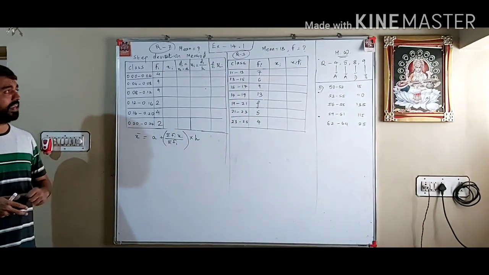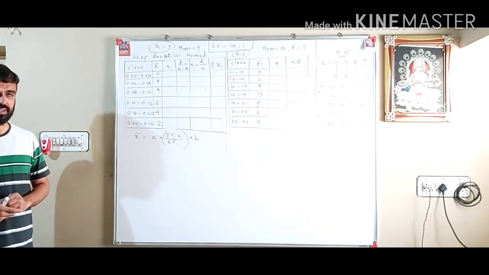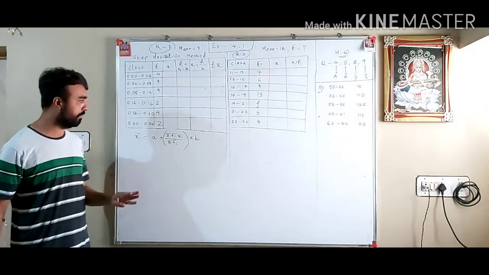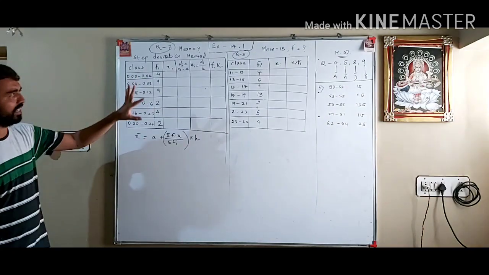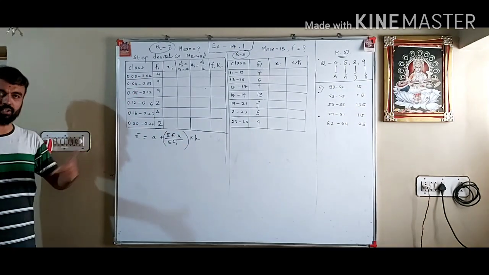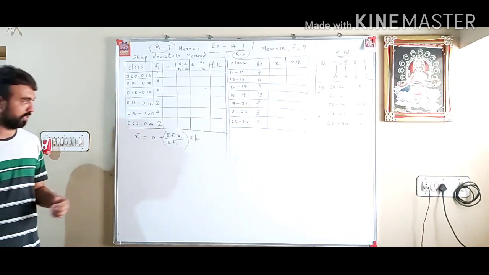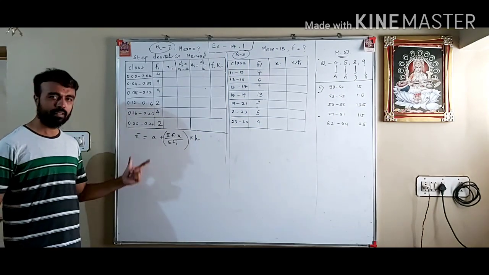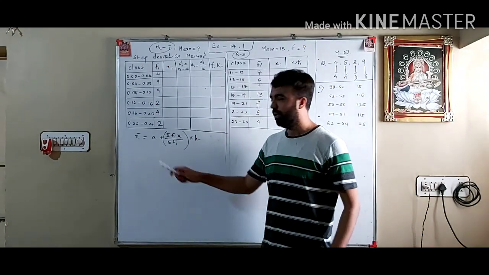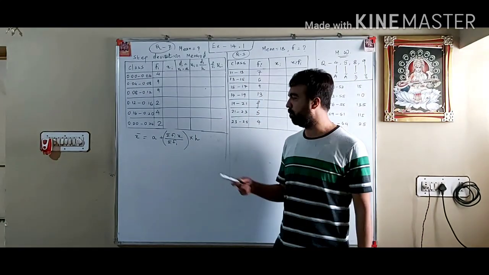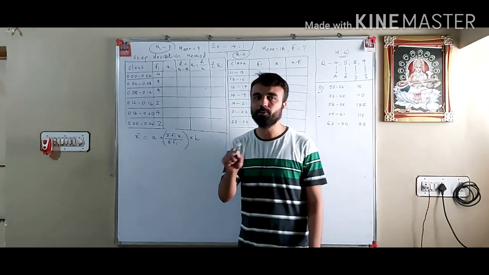Now, if I explain this one step deviation method, as I said, 6 columns are there, and you can see over here I have written the formula also. I have basically created the format before starting this video lecture. If you look at this formula, which are the unknowns you can see? One is a. I think now you know what a is.